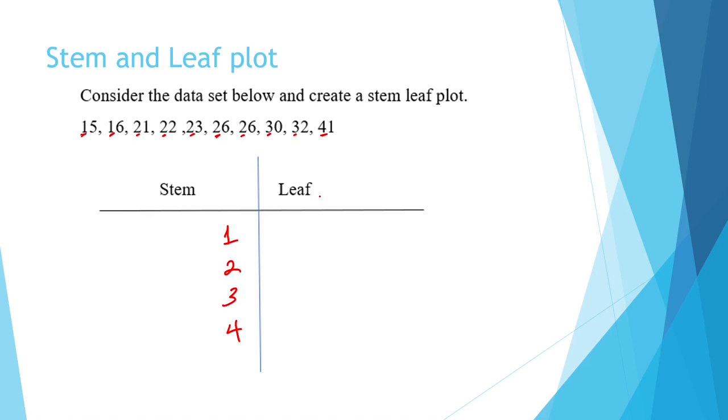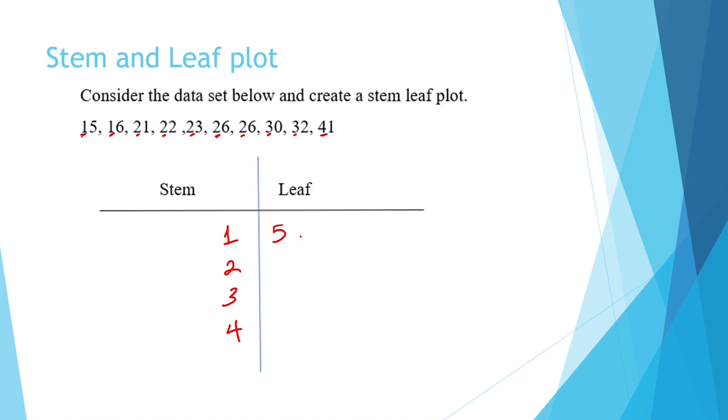For the leaf, I'm going to look at the last digit. 15 is represented like this, 1 on the stem part and 5 on the leaf part. So this represents 15.